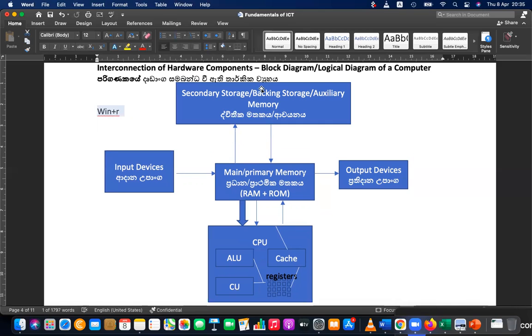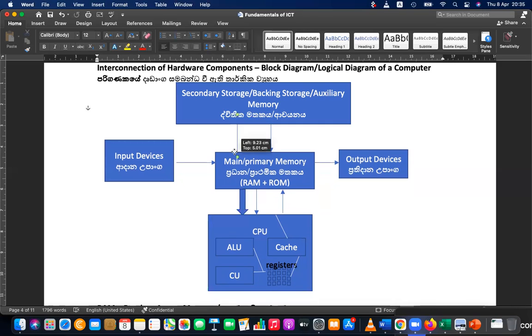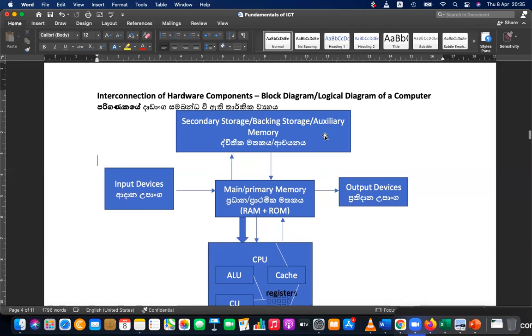Right. So let's say you are having 1 GB RAM, but still you can play a 4 GB movie. RAM cannot keep 4 GB. RAM is only 1 GB, but you can play a 4 GB movie. How? Because the movie can be kept in the storage. RAM is limited, but storage is much bigger.